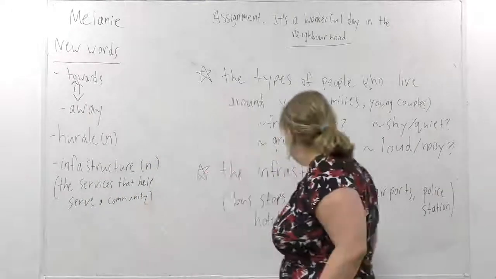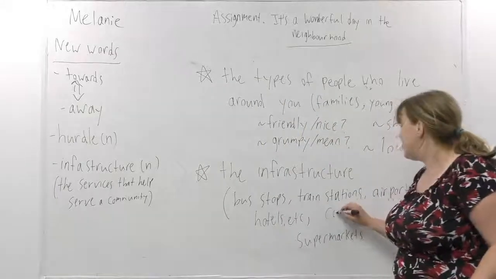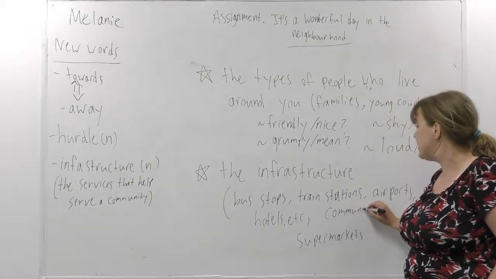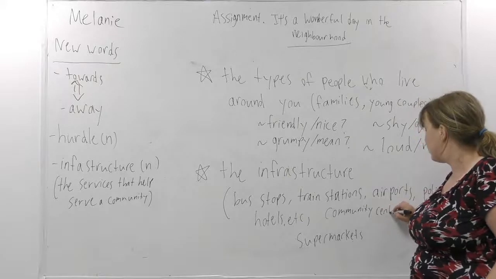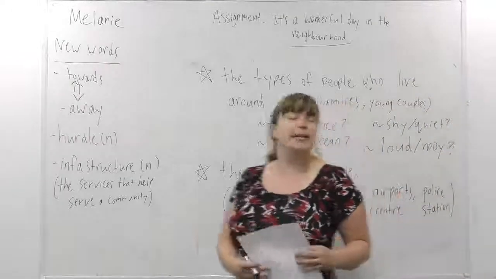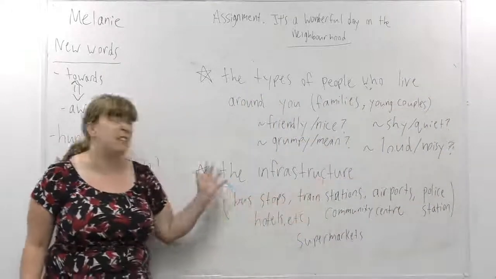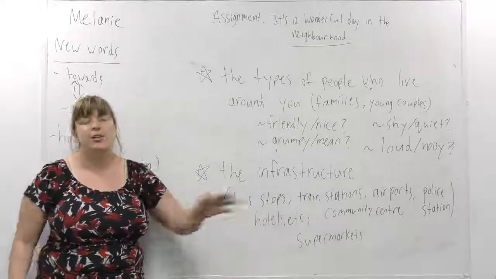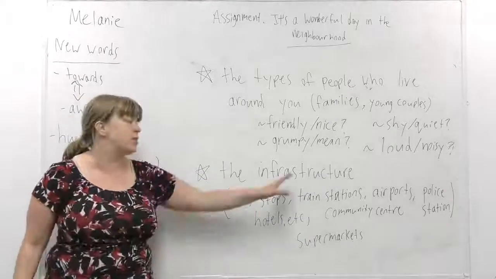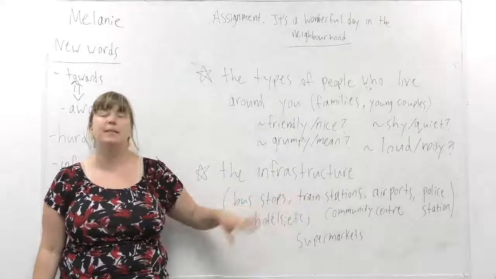Another good example is a community center. Do you have any community centers in your neighborhood? So these are some very good examples of infrastructure. So these are not natural things. These are made by people.